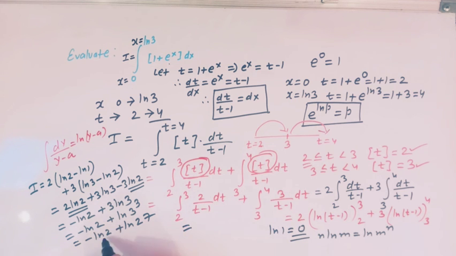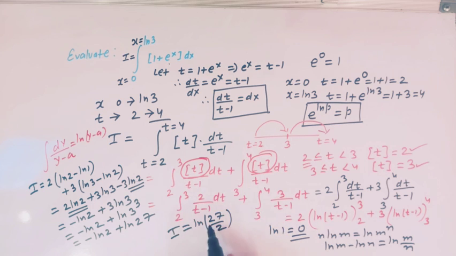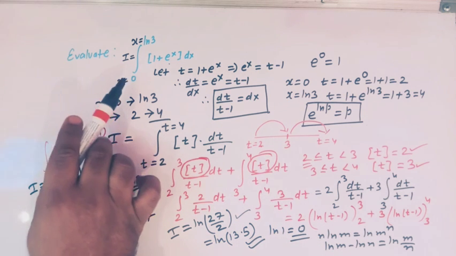Now this expression is log of 27 over 2, because log of m minus log of n is equal to log of m over n. So the final result of this integral is log of 27 over 2, which can also be written as log of 13.5. This is the value of this integral.